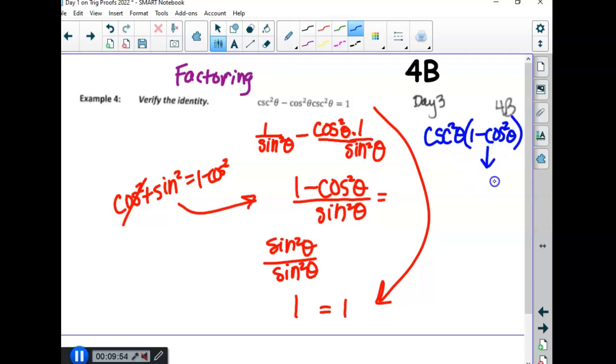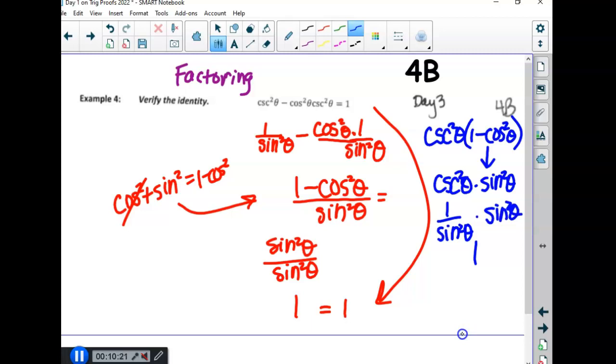What is a 1 minus cosine squared? We did it right here. It was a sine squared. So then we would have wound up with this. Do some of you recognize that that is a 1 over sine squared times a sine squared, which would have made it 1, okay? So that was the factoring way to do it.